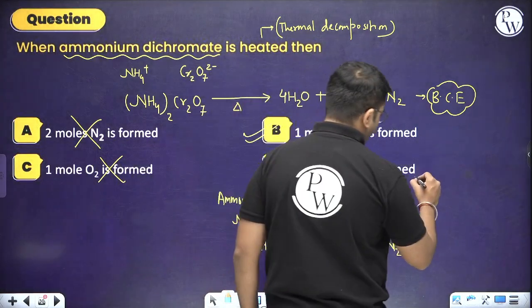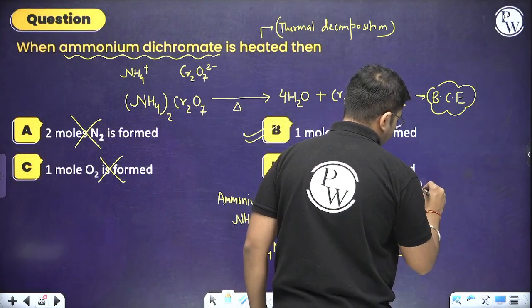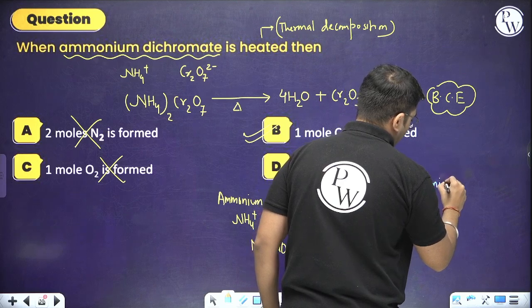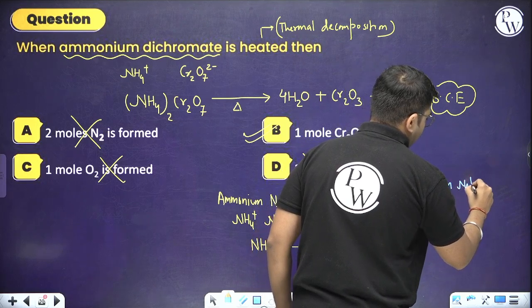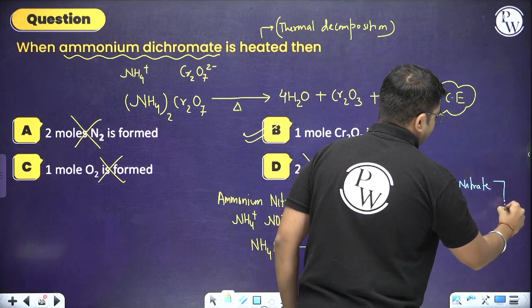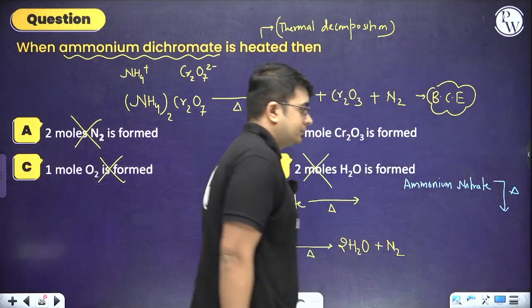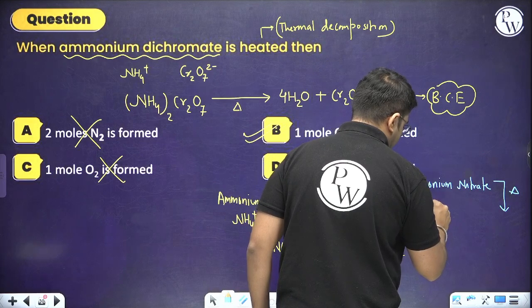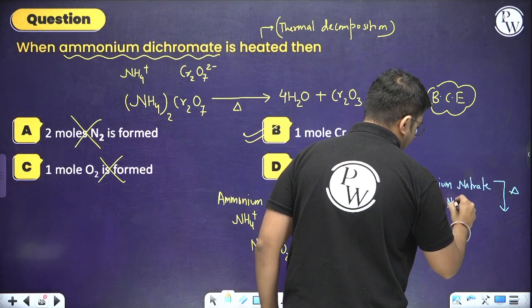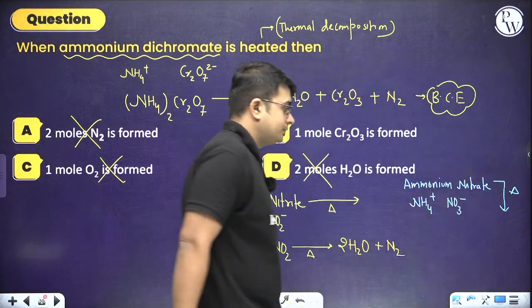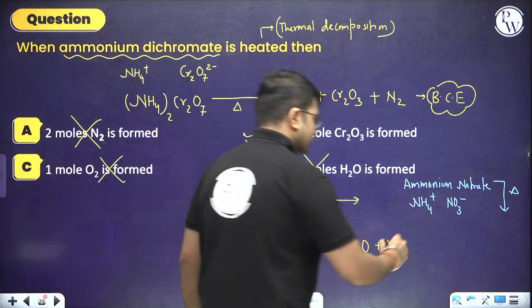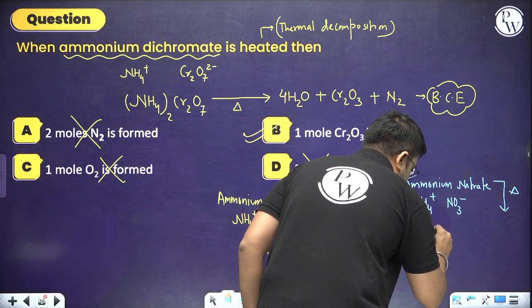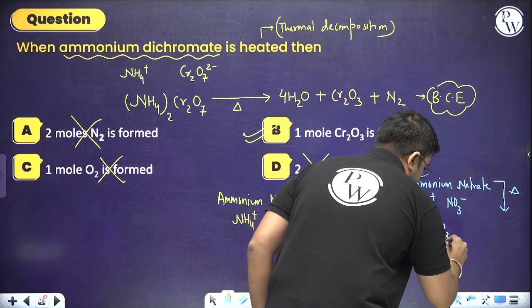Let's say I'm talking about the thermal decomposition of ammonium nitrate. Ammonium is again NH4 positive, nitrate is NO3 negative. Combine the formula and you have NH4NO3.